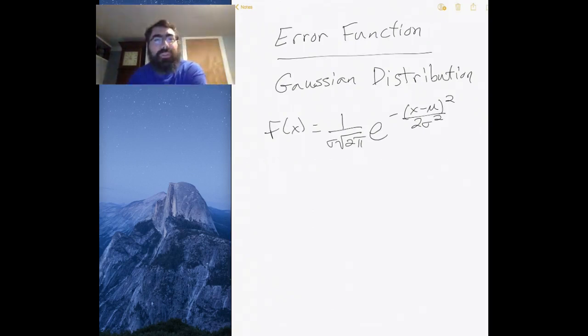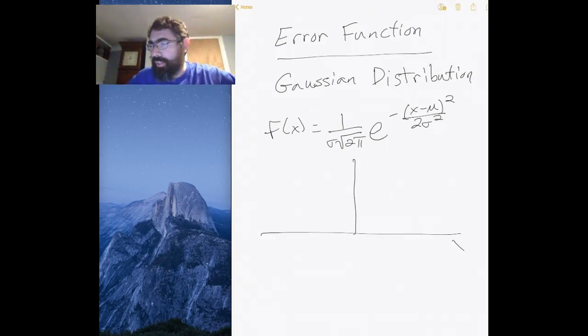so it's 1 over this quantity sigma times the square root of 2 pi, to the exponential minus x minus mu quantity squared divided by 2 sigma squared. So it looks kind of complicated, but if you plot it out versus x, what you get is the well-known bell-shaped curve.